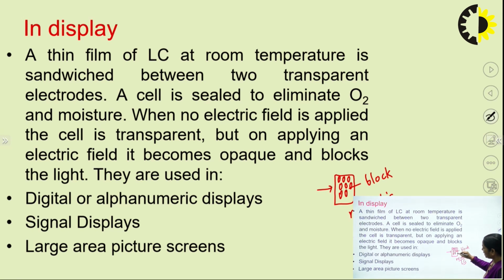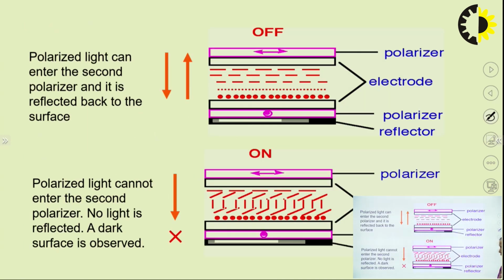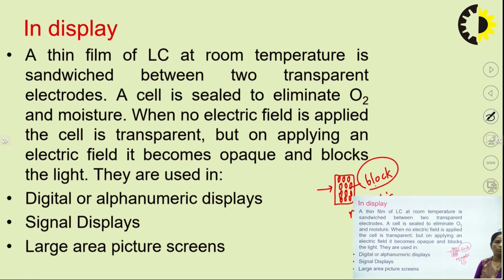So when we apply electric field, the molecules align themselves in a manner that has positional order now, and they block the light. So the liquid crystal display panel actually works on blocking the light principle rather than the reflecting the light principle.